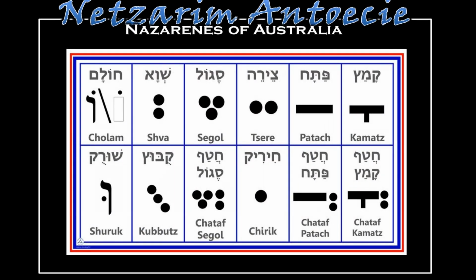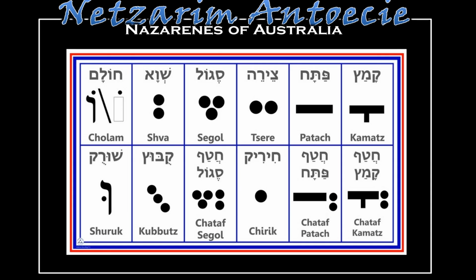And we see we have a kamatz. And a kamatz, as the sound implies, is a longer A sound, where we have patach, shorter A, tzere, a longer E, segol, a shorter E, shva, which breaks the word into its syllables, and it can be silent or with the short E, depending on how it's presented.